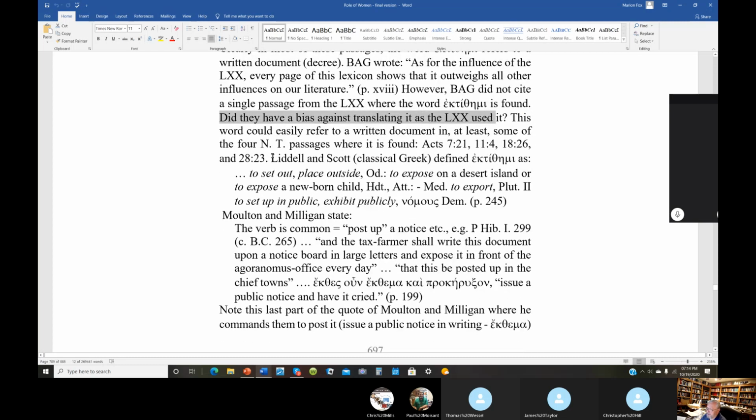Liddell and Scott in the classical Greek lexicon define it this way: to set out, expose, and right here they're citing a newborn child, but right here, to set up in public, exhibit publicly. The expose, set out, place outside.